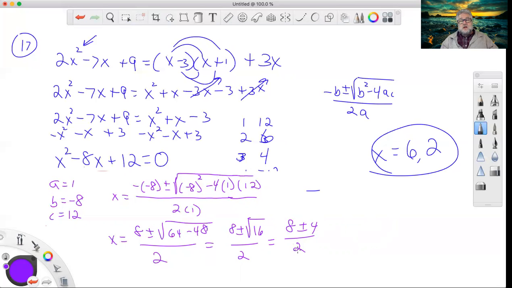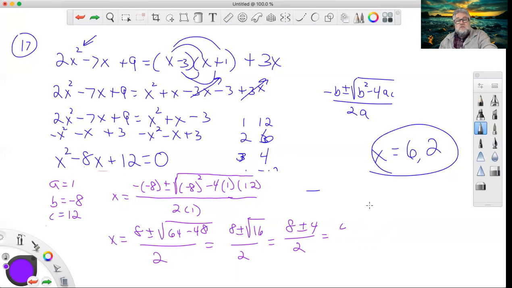Now, can I just divide these two and say 8 over 2 is 4? Can I do that? Absolutely not. You cannot. Because if you're going to divide something here, you have to do it to everything in the numerator. So I can factor the 2 out from both of these and call that 4 plus or minus 2.